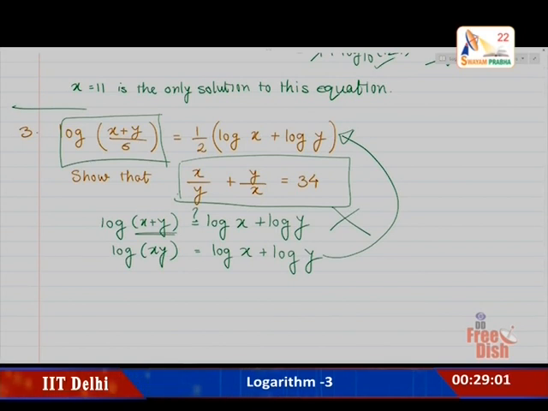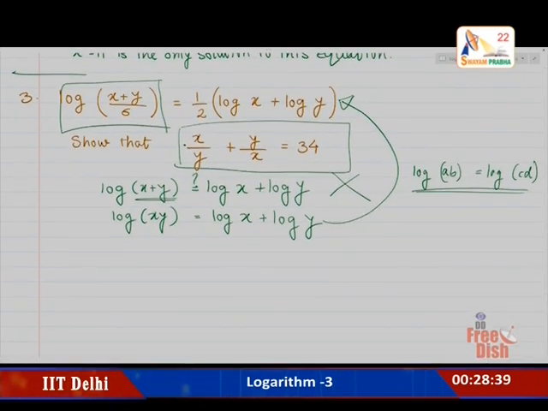So what I want in general, my guess is I need some quantity like log of some expression AB is equal to log of some other expression CD. This is what I should achieve. If I achieve that, then I will be able to do something of this form. So let us try to do it. As our observation suggests that we can use the multiplication law. So why don't we use the multiplication law?